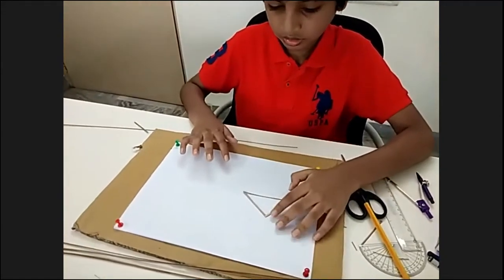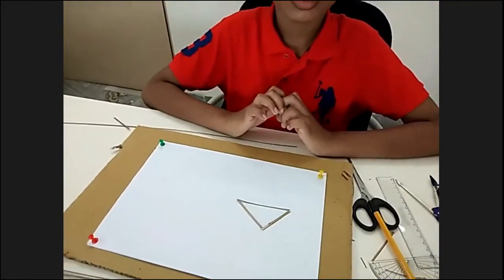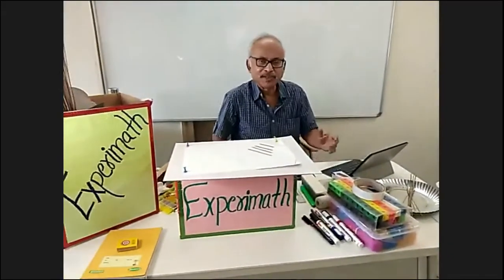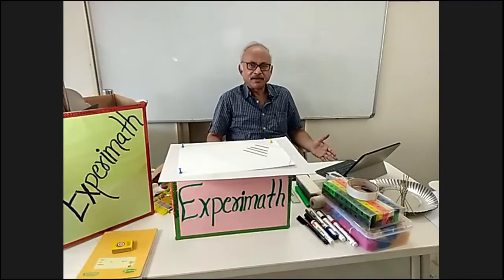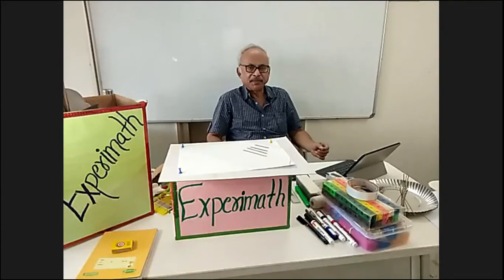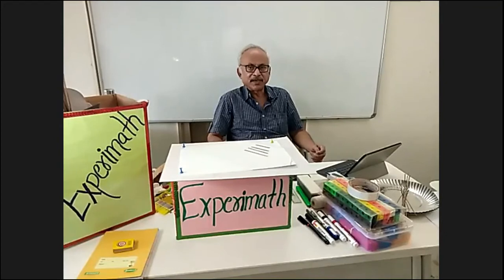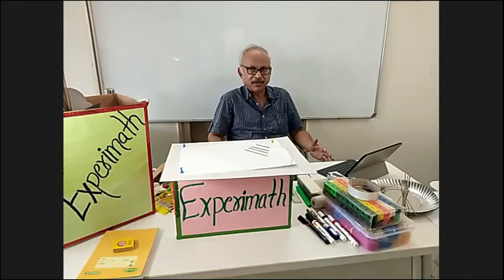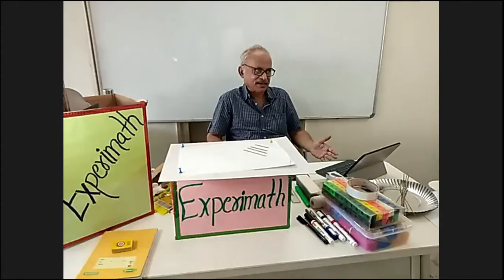Very good. Thank you. Can I have the camera back on me? As you can see, we have made a triangle in 2 different ways. One is by making line segments and putting them together, and the other is using a compass. Both the triangles made in 2 different ways are congruent to each other. That is revision of what we had done in the last session.